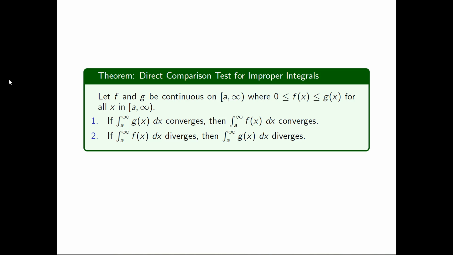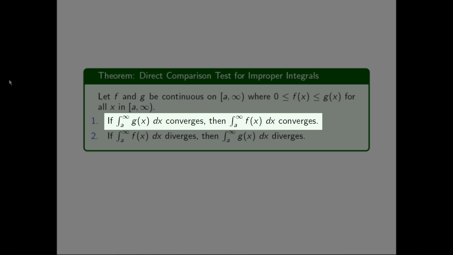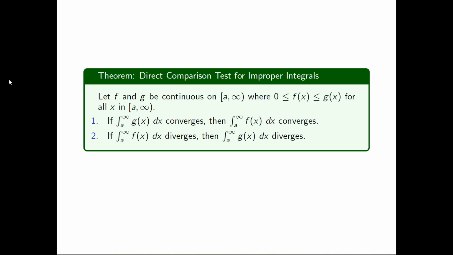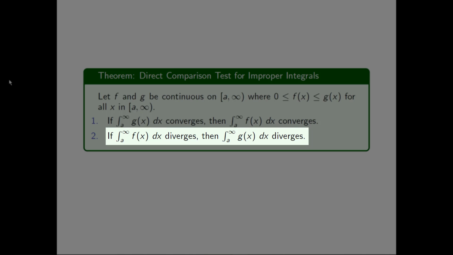If the integral of g of x converges, then the integral of f of x must also converge. Less than something that converges must also converge. And again, we'll just make sure we assume that these are positive. On the other hand, if the f of x diverges, if the smaller one diverges, then the larger one, the g of x, must also diverge. In other words, larger than something that diverges also diverges.